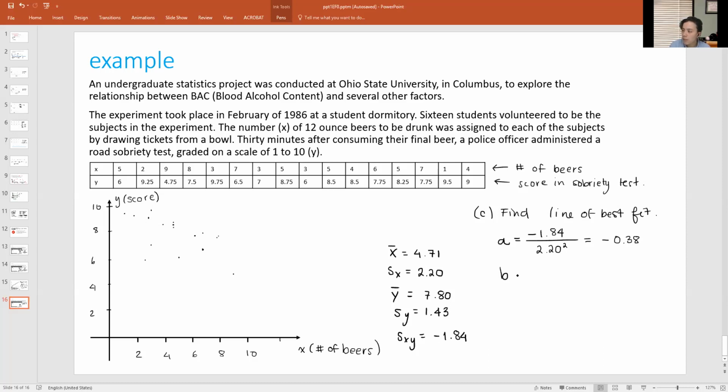Then you have B, which is equal to y bar, 7.80, minus A times x bar, so minus 0.38 times x bar, which is 4.71. And if you evaluate that, you're going to get 9.63.